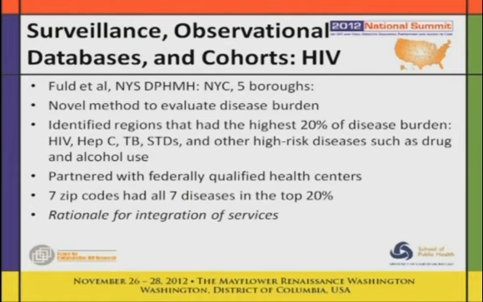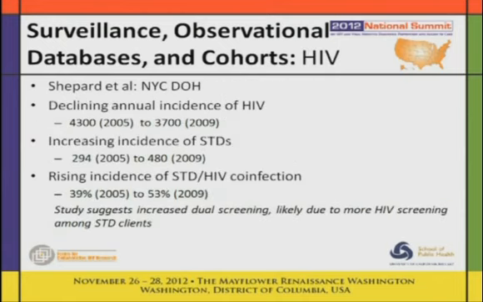So it wasn't that 20% of people had all 7 diseases, but in fact they looked at the boroughs that had the highest 20% of these diseases. They partnered with FQHCs and noted that in 7 zip codes, all 7 diseases had the highest 20% burden. This was not necessarily surprising, but it was really potent to see on a map and to really be a strong rationale for integration of services rather than a siloing of these services.